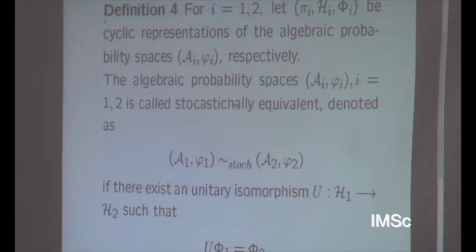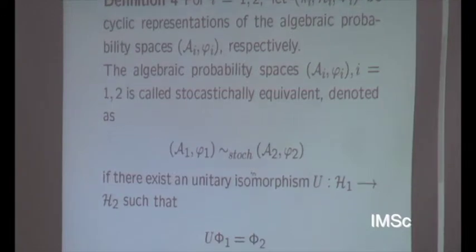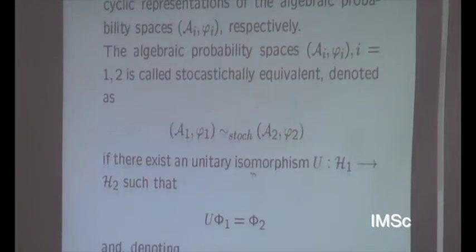The equivalence relation is not completely trivial, because you say that two algebraic probability spaces are equivalent if their cyclic representations are unitarily isomorphic.